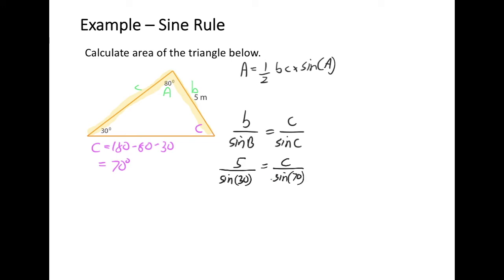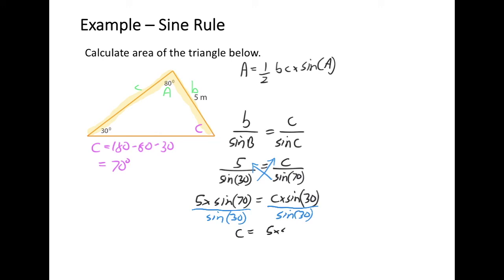So I can go ahead and cross multiply. 5 times sine of 70 is equal to C times sine of 30. Then I divide both sides by sine of 30, so my C value is going to equal 5 times sine of 70 divided by sine of 30.